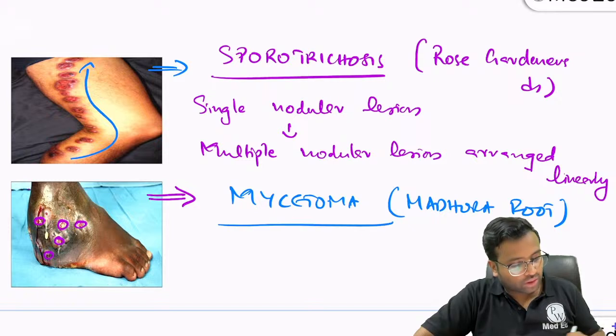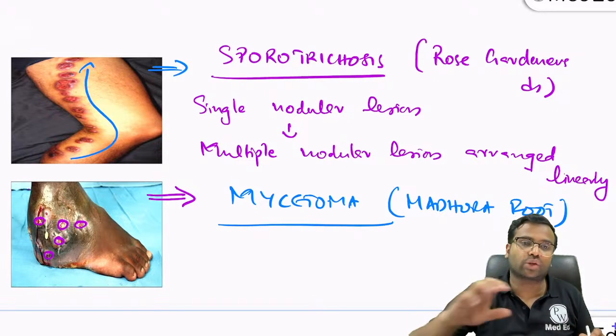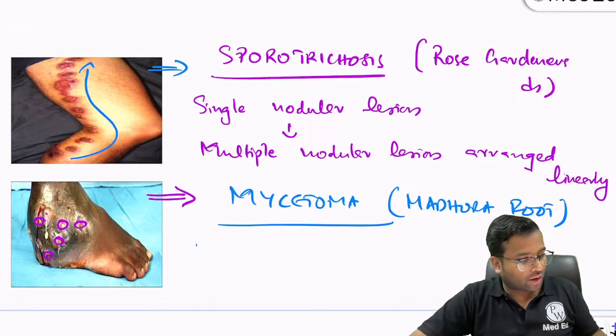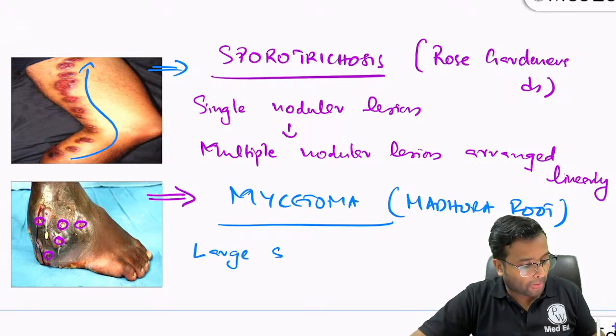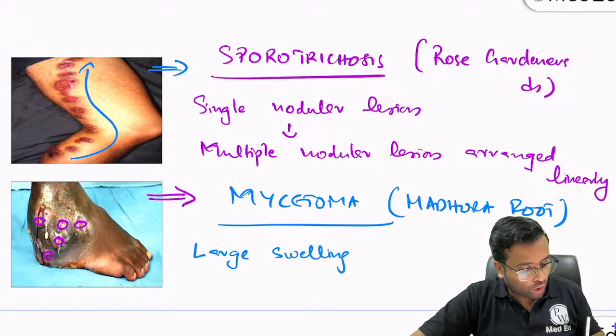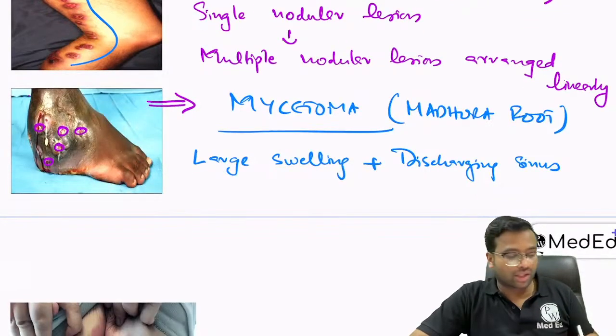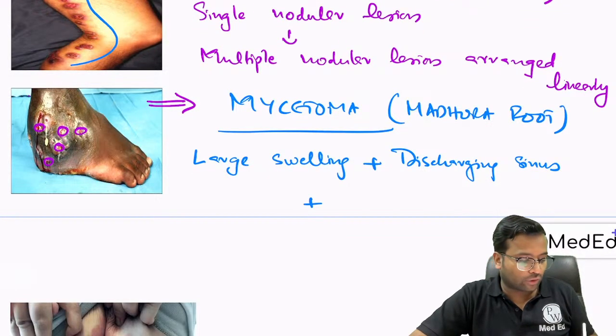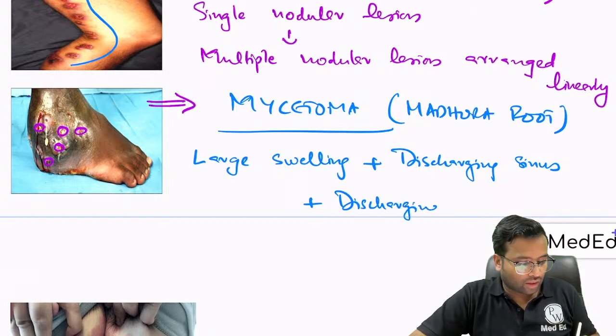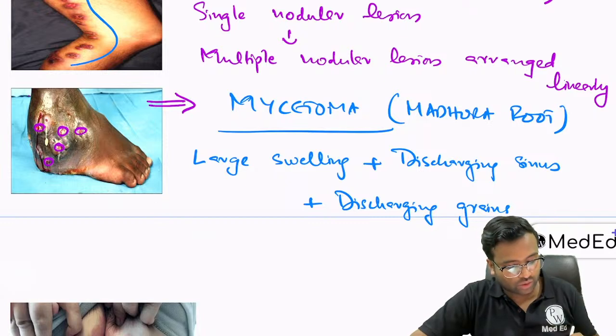Mycetoma or Madura foot. So that is going to be it: a patient will have a large swelling, along with the swelling there would be discharging sinuses, and not just the discharging sinuses, along with that there would be characteristic discharging grains as well.